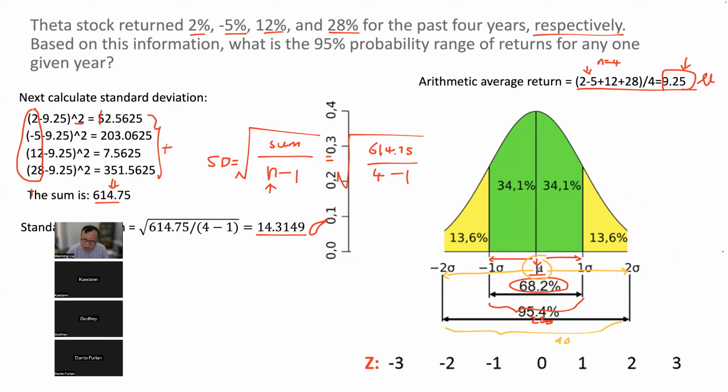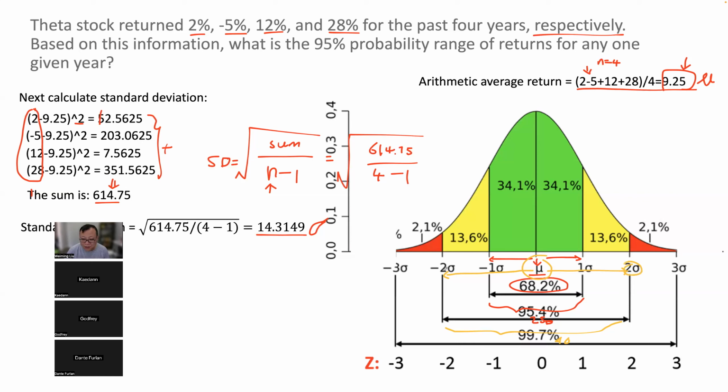Well, that would be your mu plus 2 standard deviations. Once I know this lower and upper bound, that range defines a probability of 95%, right? If you keep going, if you move toward each side by 3 standard deviations, you almost capture everything, 99.7%.